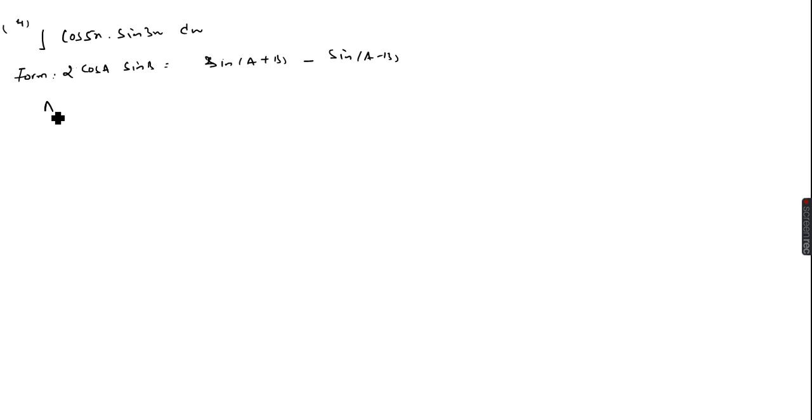Here A is equal to 5x and B equal to 3x. We do not have a 2 in the question, so therefore we multiply and divide by 2.